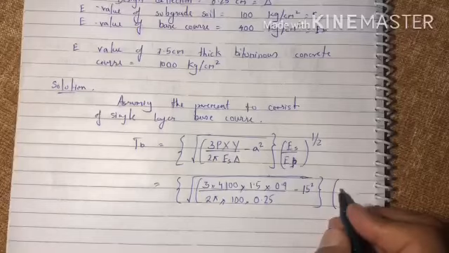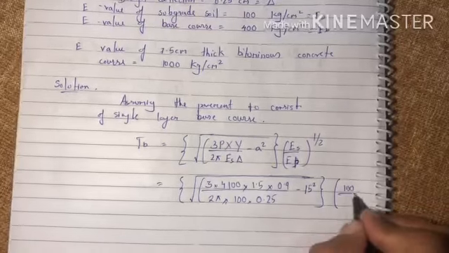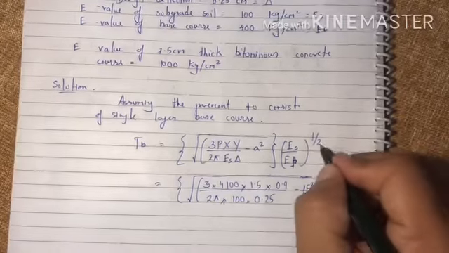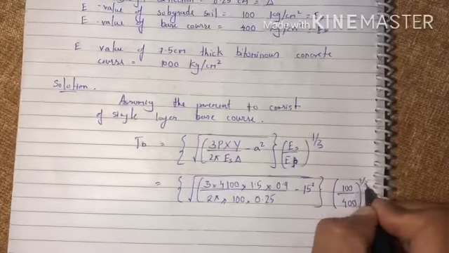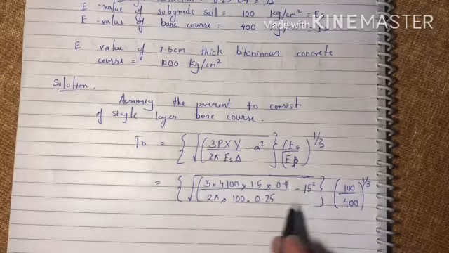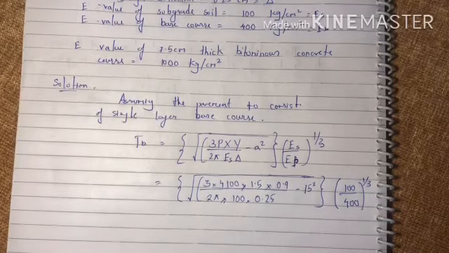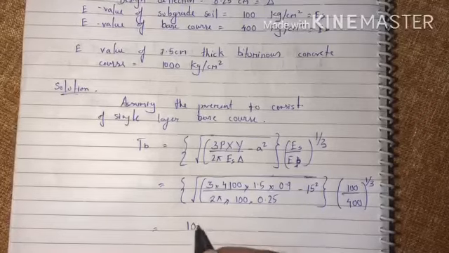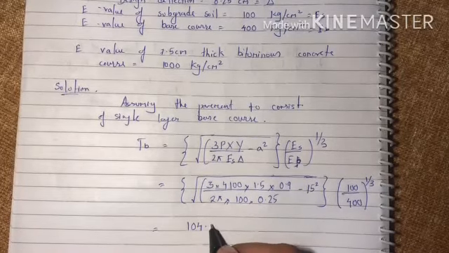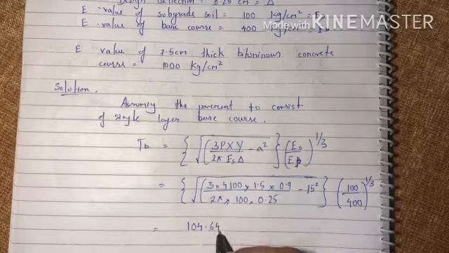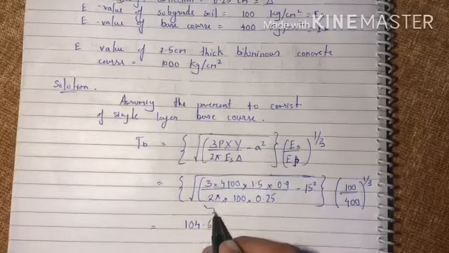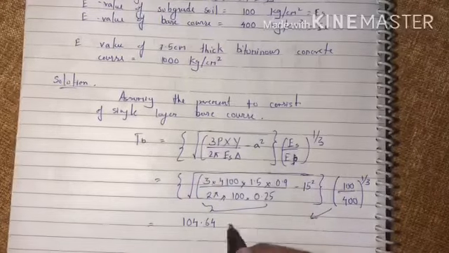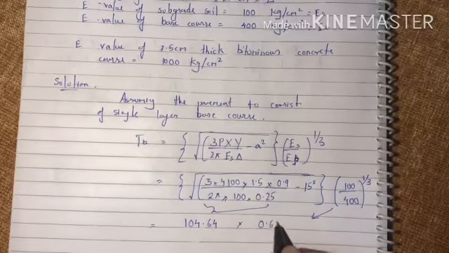Then we have ES value as 100 divided by EB value of 400, whole raised to 1 by 3. When we calculate this in the calculator, I get this value as 104.64, and this value as 0.63.